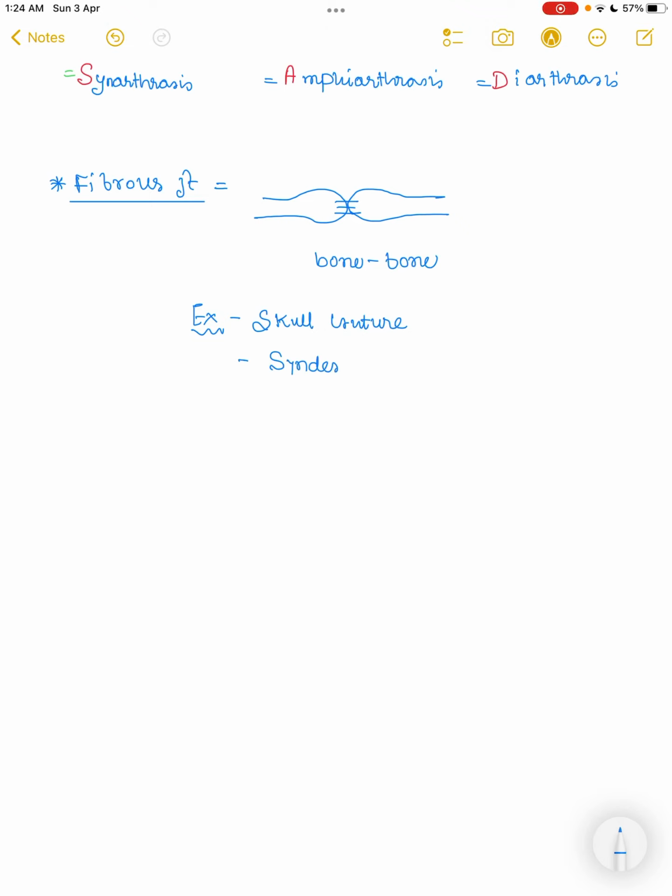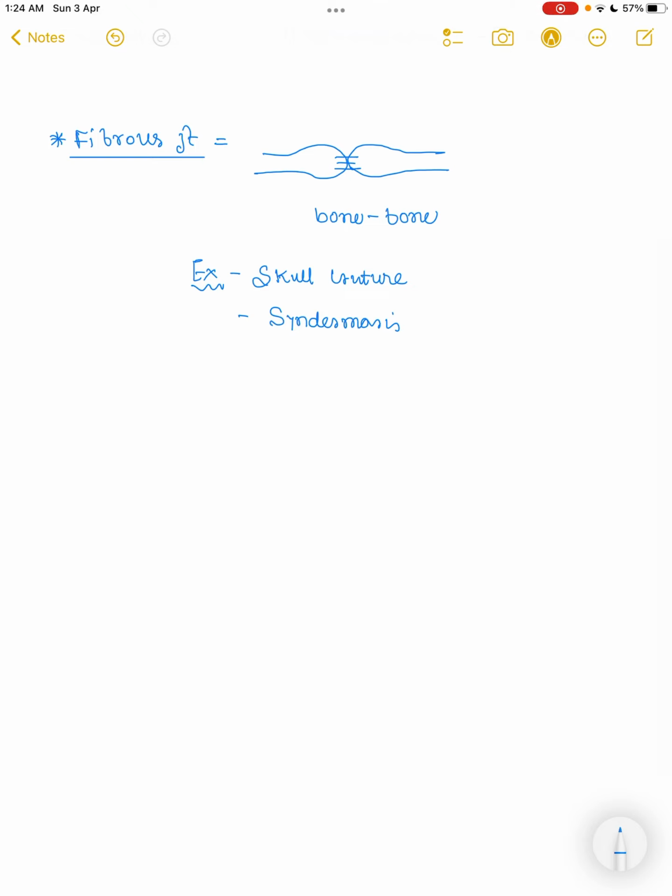Okay, next is the syndesmosis. What is the syndesmosis? Suppose in the case of the upper limb, this is the radius, and this is the ulna.